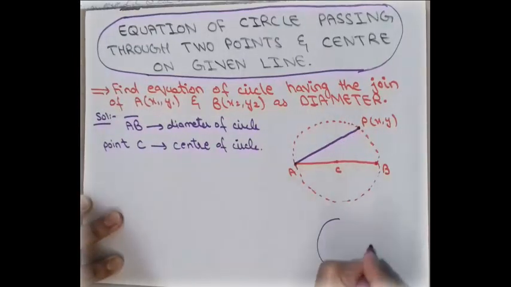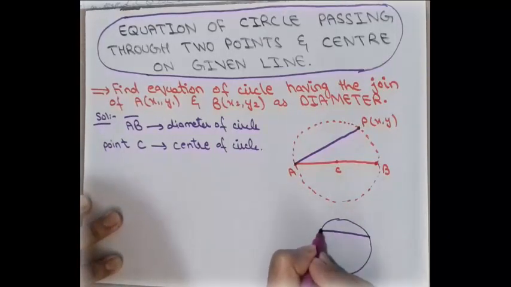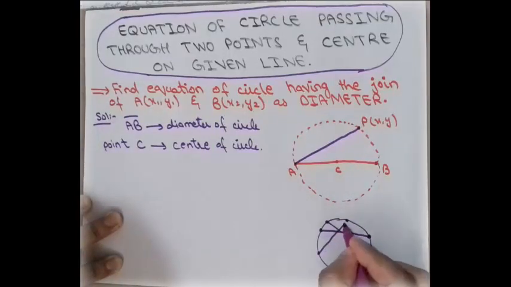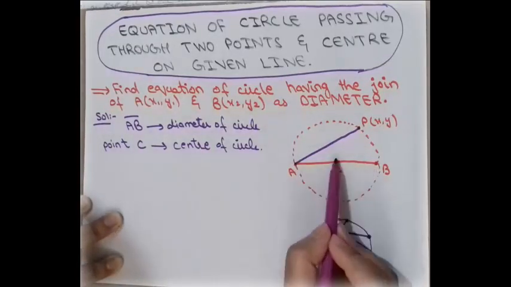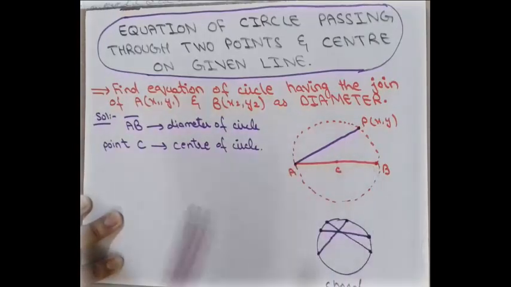For example, if we have a circle, the line joining these 2 points is called a chord, and joining any other 2 points by a line is also called a chord. But always remember that when a line passes through the center of the circle and meets 2 points of the circle, it is called a diameter, not a chord. So here is the difference between a chord and a diameter.